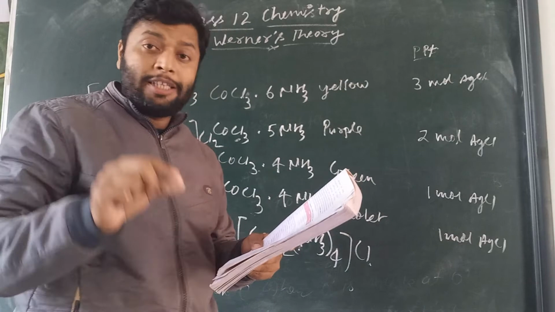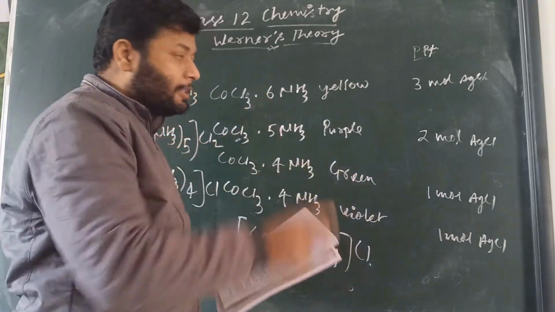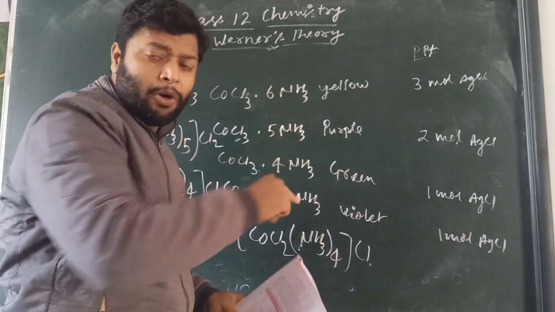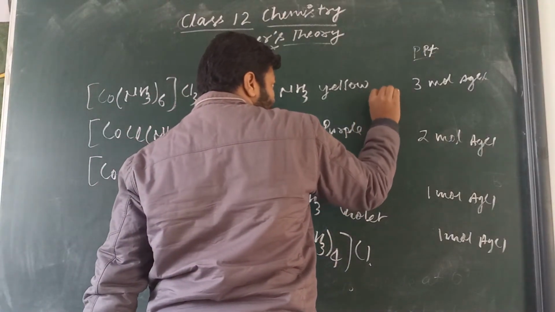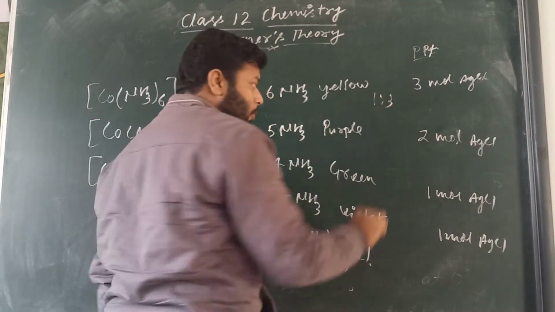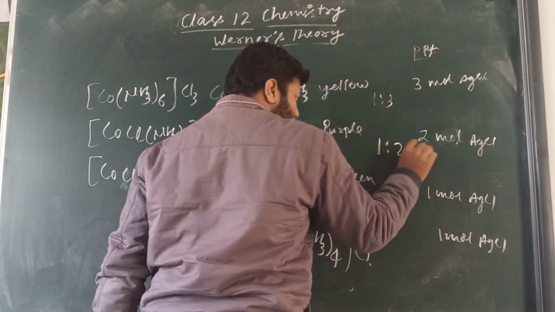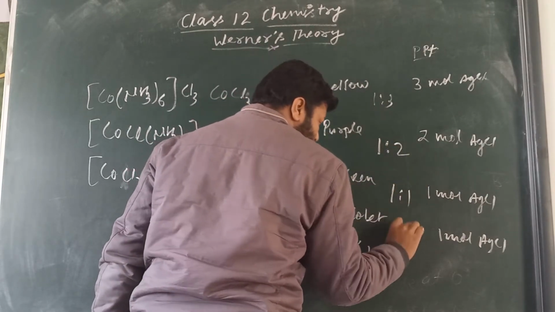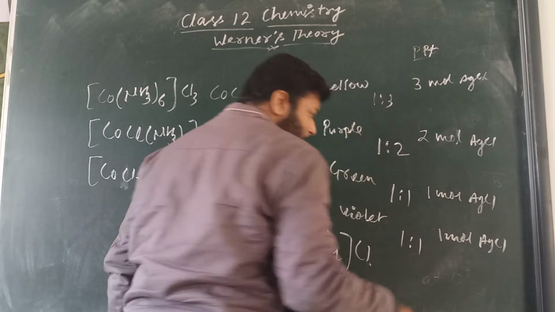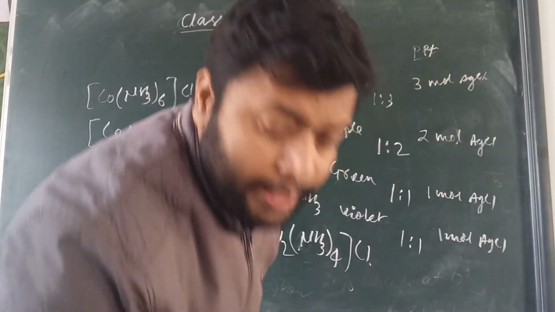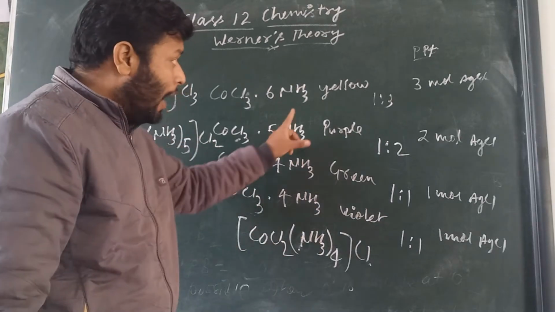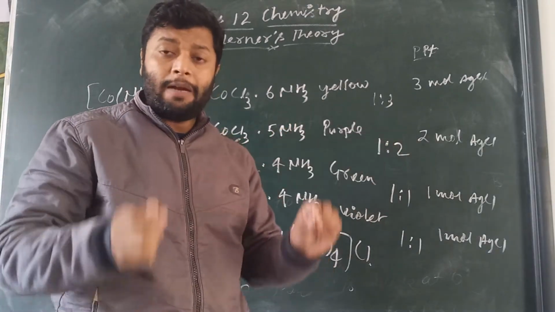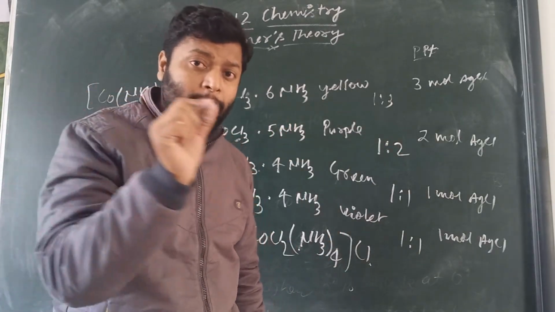You can see the solution conductivity ratio in all 4 possibilities is 1:3, 1:2, 1:1 and 1:1. Students, the solution conductivity ratio indicates how many ions are furnished on passing the silver nitrate solution.